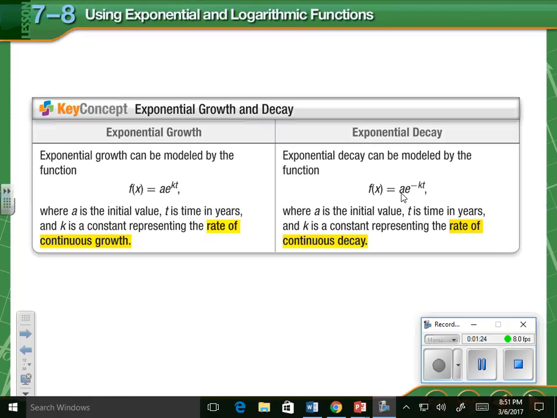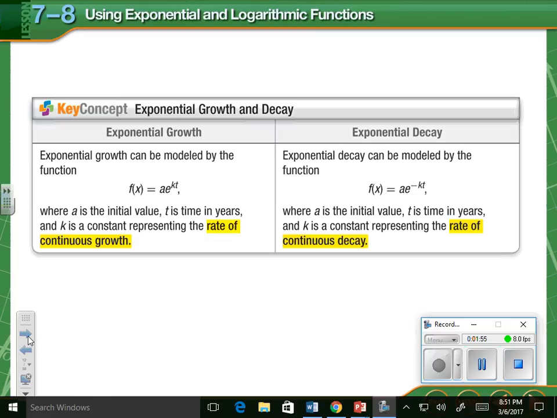So the amount we start with, E is our natural number, K again is the constant, T is how long, and we're going to find out how much would be left at the end. So the initial amount will decrease, and we'll find the final amount using this formula. Here, the initial amount is A, it'll increase and grow, and then we'll find the final amount through that formula.